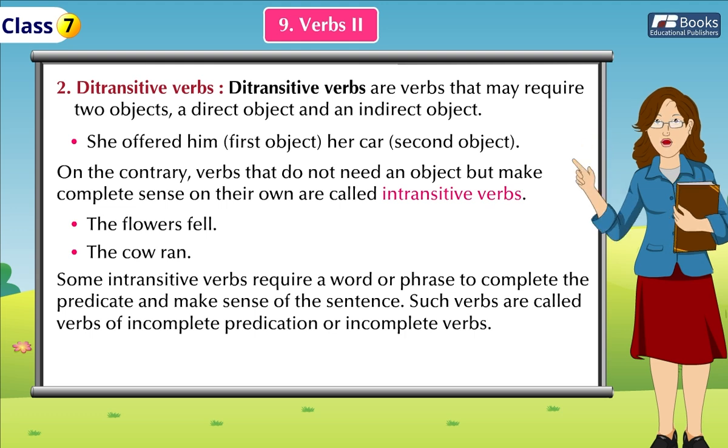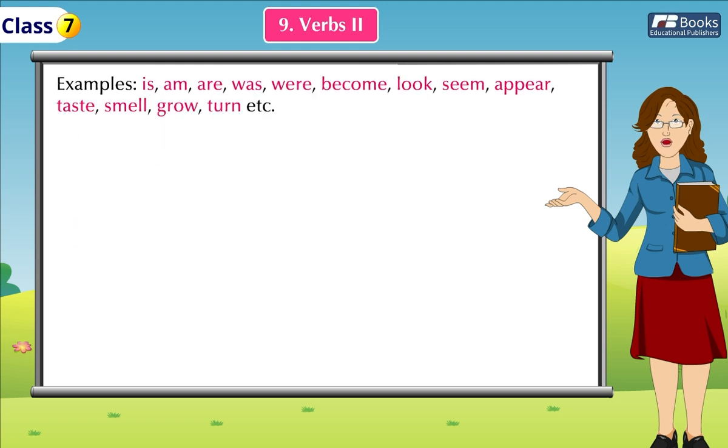Such verbs are called verbs of incomplete predication or incomplete verbs. Examples: is, am, are, was, were, become, look, seem, appear, taste, smell, grow, turn, etc.